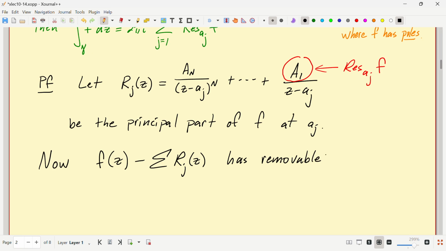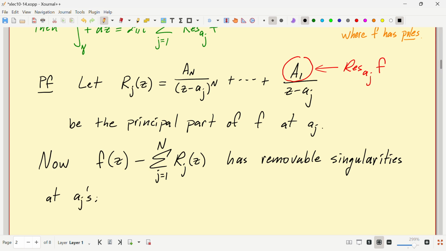For example, at aj, I would subtract the rj first. f of z minus rj has a removable singularity, and all the other rk's with k different than j are not singular at aj, so they would be analytic at aj. So that's how you see it. You pull it into two pieces like I did in partial fractions. So it has removable singularities at the aj's.